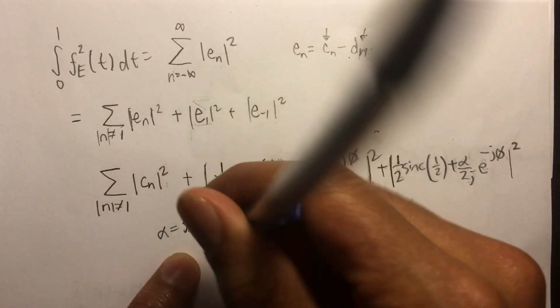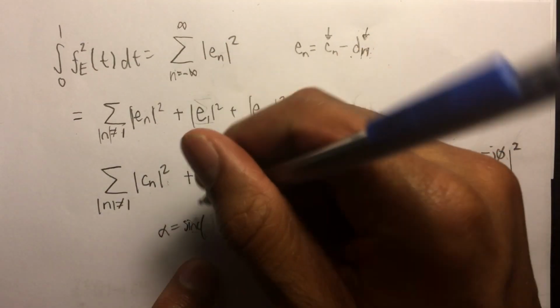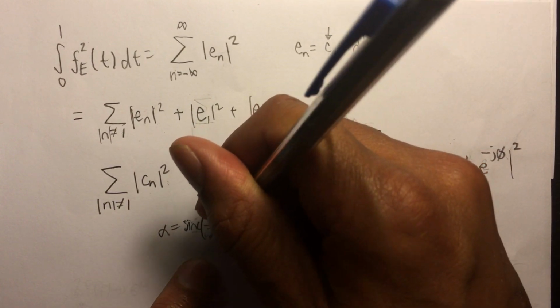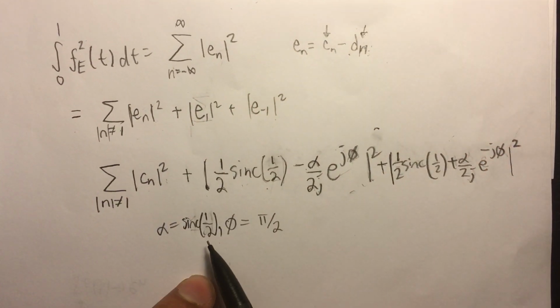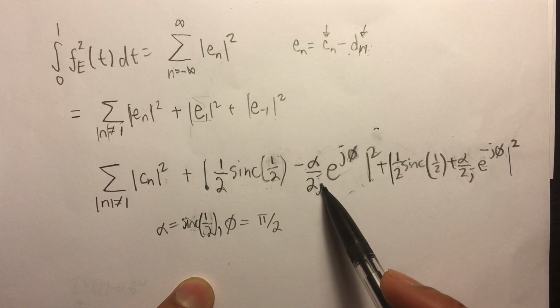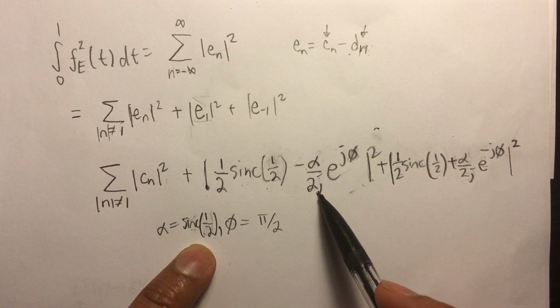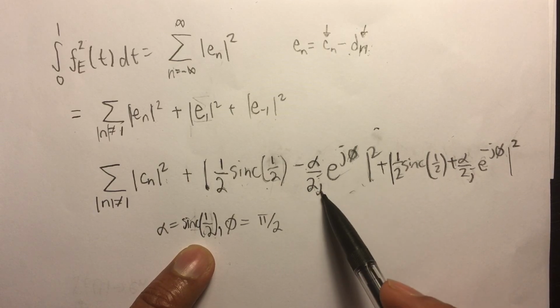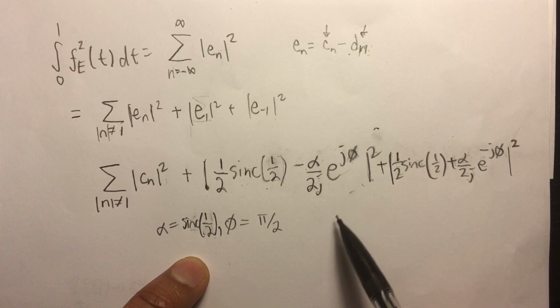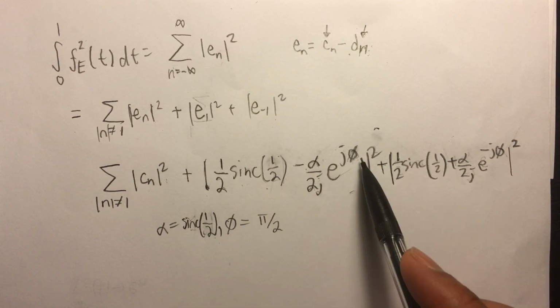So if alpha equals sinc 1/2, then alpha over 2 is sinc 1/2 over 2, and then this j cancels with the e to the j phi in the numerator, and you get 0.